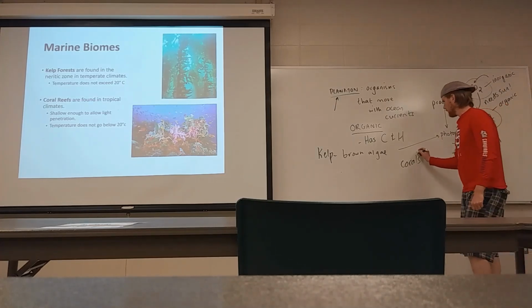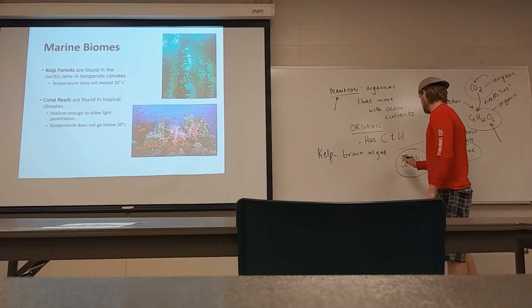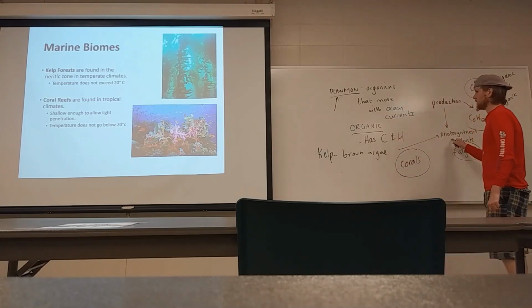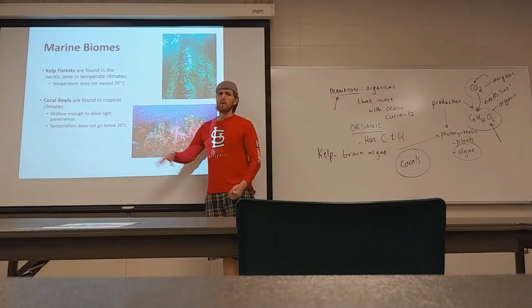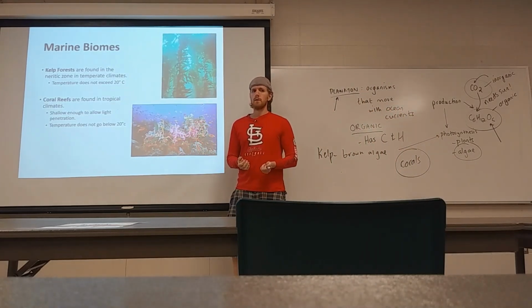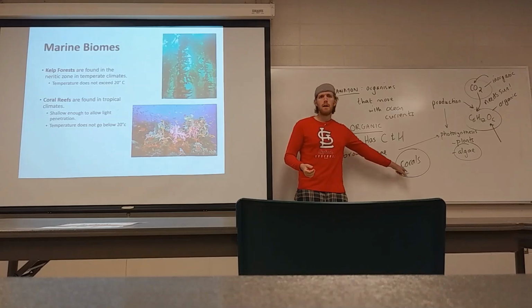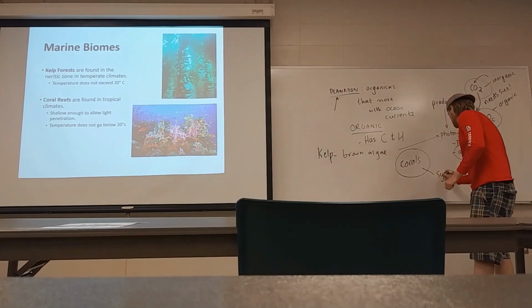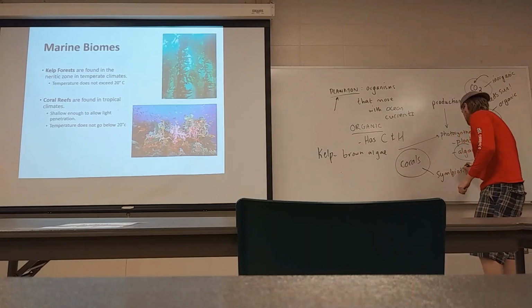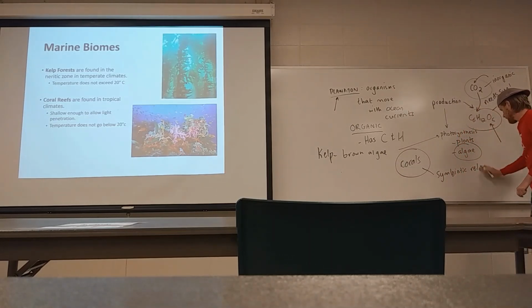So corals are animals, they don't conduct photosynthesis, and so how can a coral reef even exist? The corals are the producers, and yet they're not producing anything. It has to do with a symbiotic relationship that the corals have.